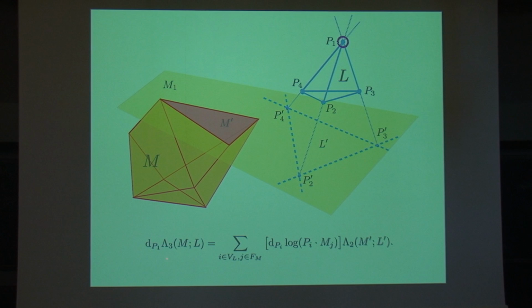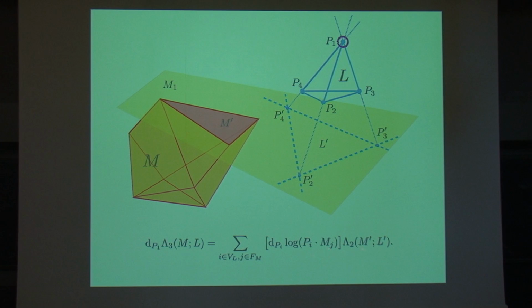For the entire result, we basically just need to sum over all the faces of one polytope and all the vertices. In this case, since we're just differentiating one, we basically just need the single point. And for each pair of the vertex and the face, we write such a form.